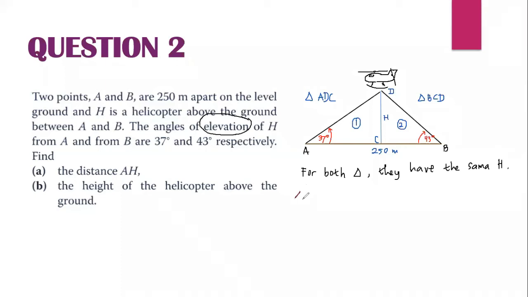Now we're going to the triangle ABC. Sine 37 degrees is h over 80, right?